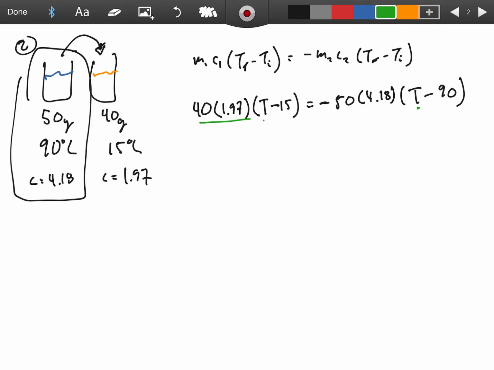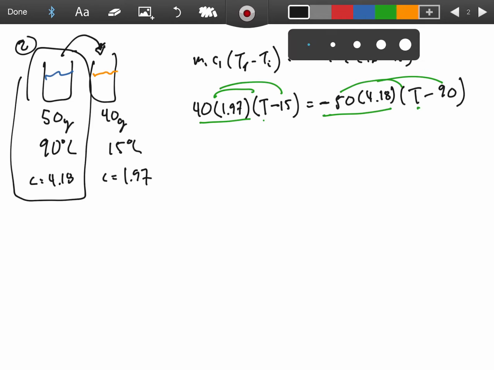To do that, I'm going to take this quantity and distribute it in. I'm going to take this quantity and distribute it in over here. Okay, I like to write it all out like this. You may want to multiply things together and move around decimals, but I just like to do it this way.